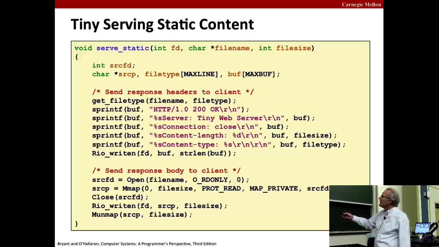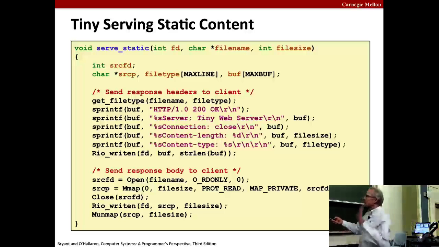But the ones that really matter are the length in bytes that has to be given, and the type. Where is he getting the file type? Oh, there's another function. I remember why. There's another helper function here because this supports not just text but also GIF and JPEG images.